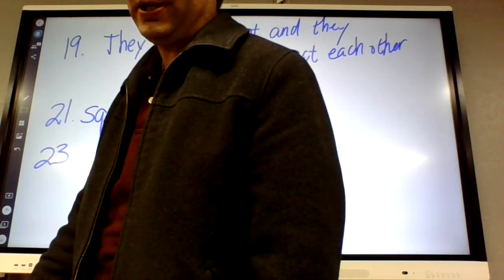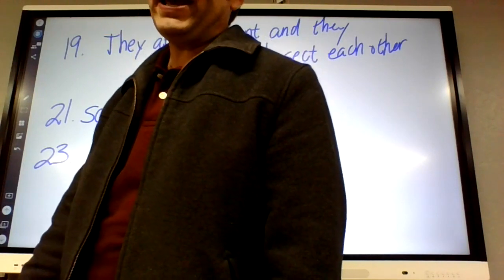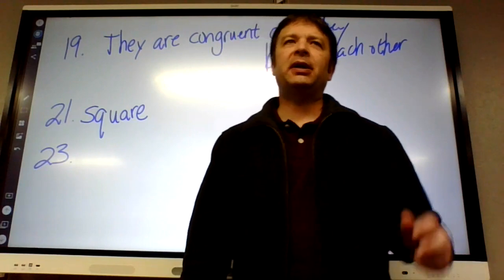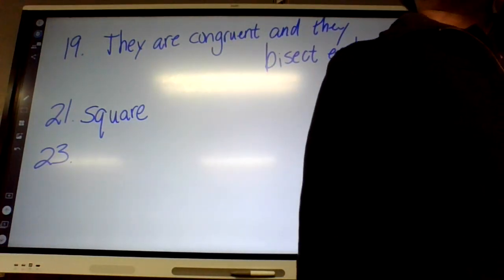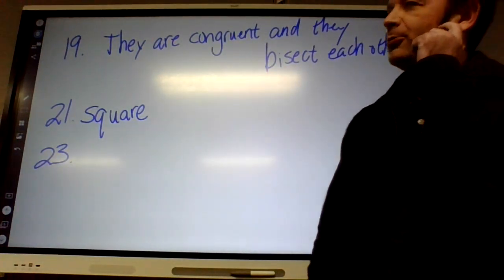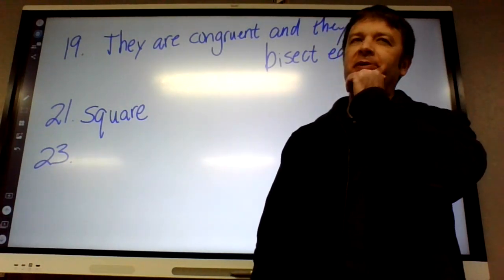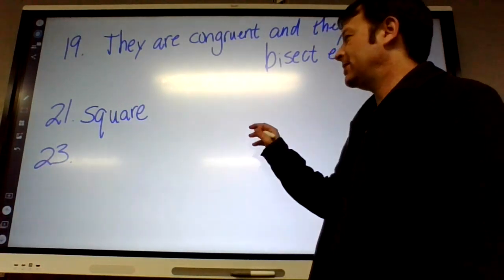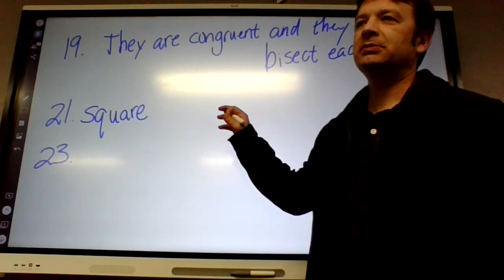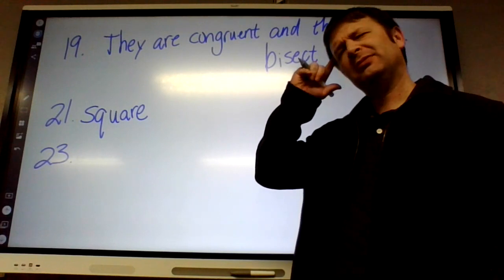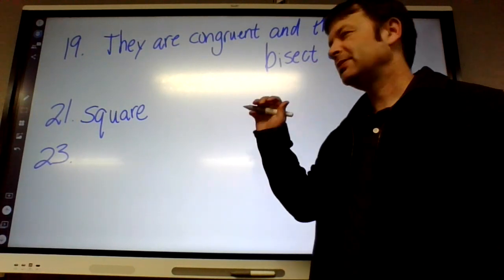Okay, 23. Find the measure of an interior angle of a regular polygon. You will need to know this for the test, by the way. How do we find what all the angles add up to in a polygon? A quadrilateral is 360, four sides, right? 360 is for a quadrilateral. From that, you go times something.